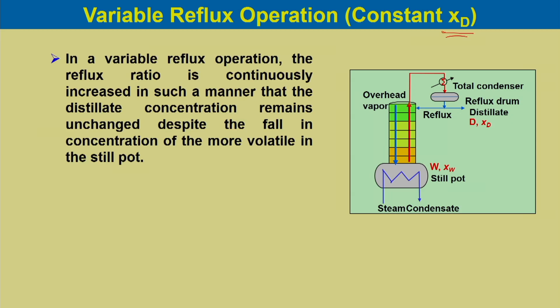In a variable reflux operation the reflux ratio is continuously increased in such a manner that the distillate concentration remains unchanged despite the fall in the concentration of the more volatile component in the still pot. So, since the reflux ratio is varied, although the concentration in the still pot is changing continuously, the distillate composition xd remains constant.